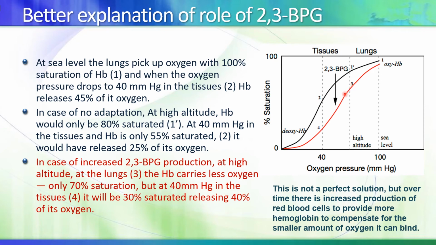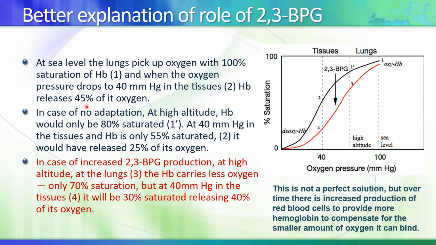But when it gets to tissues, notice the shift of the curve causes a lot of release of oxygen, where the pressure is about 40. So about 30% of hemoglobin molecules would be saturated. So we're talking about a 40% release of oxygen.